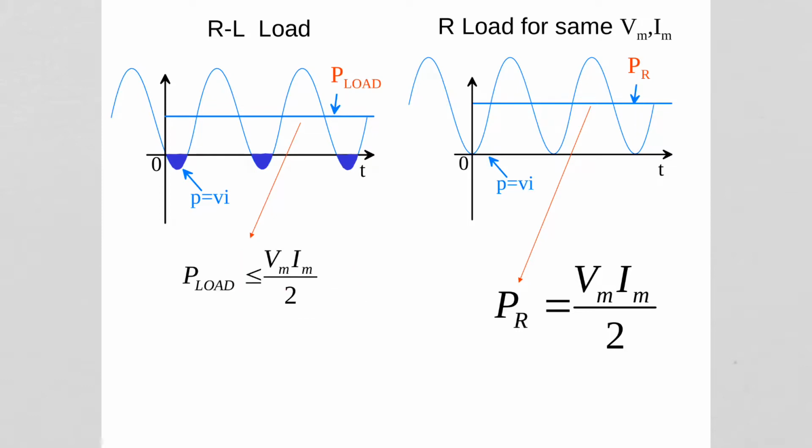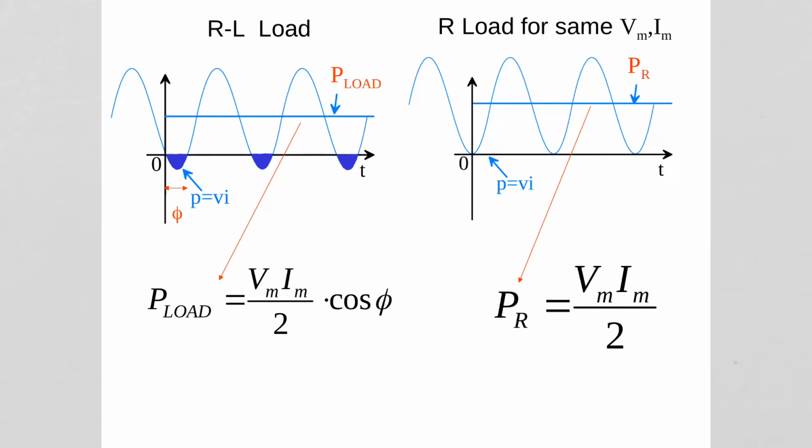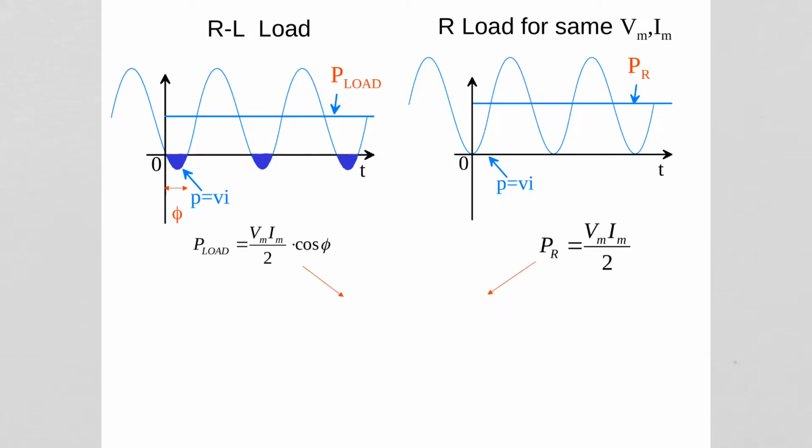And if it is a sinusoidal case, we know that for sine waves, P load is Vm Im by 2 cos phi, where this is phi. So if we now apply our definition of PF as P load by PR, for any wave shape, and for this special case of a sine wave, you will get cos phi.